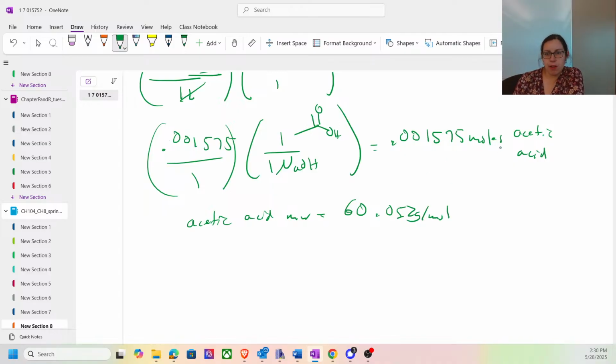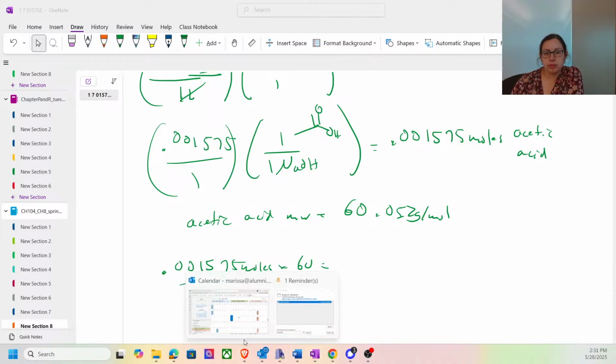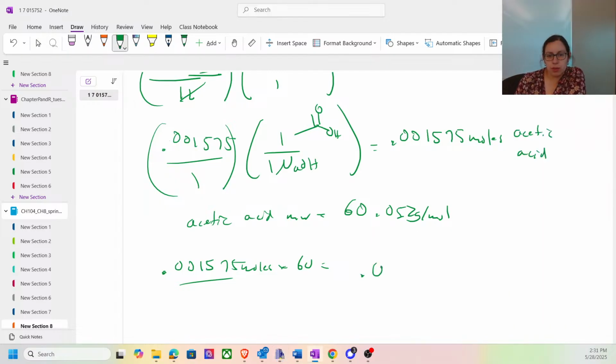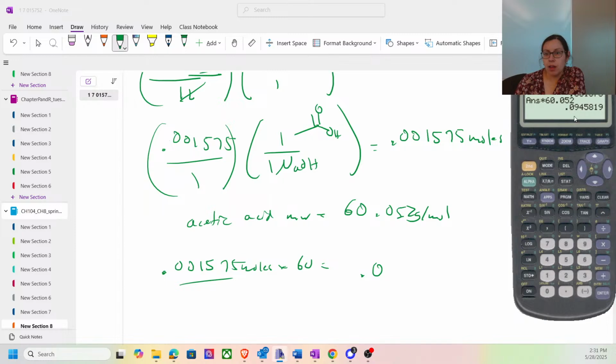And so now we can figure out the mass that was in our sample. So 0.001575 moles times 60. And that gives us how many grams are in our original sample. So 0.0946 grams.